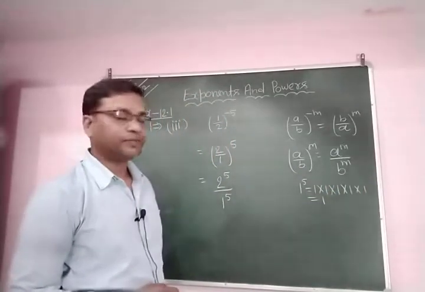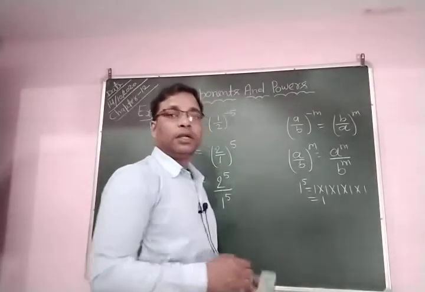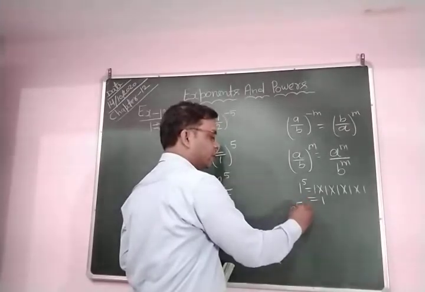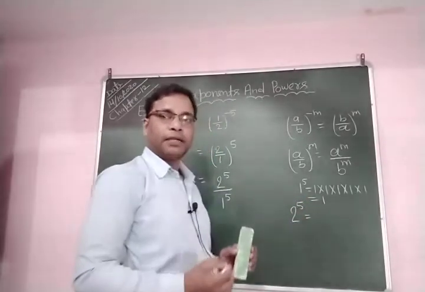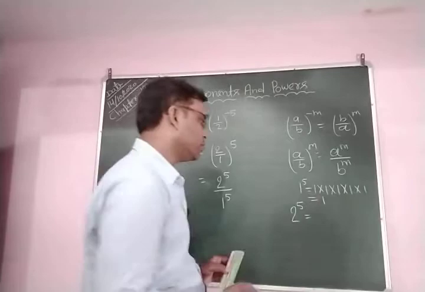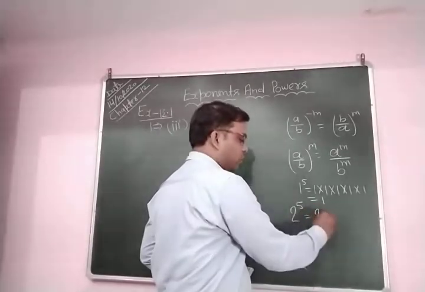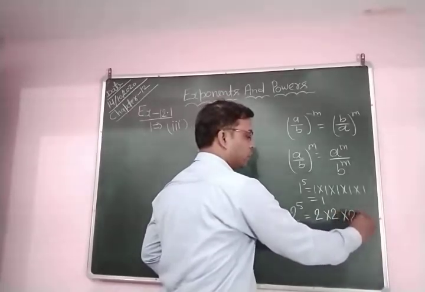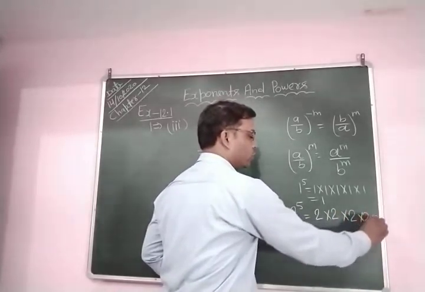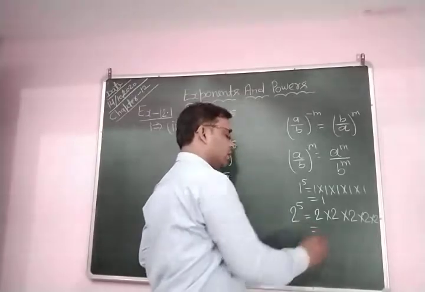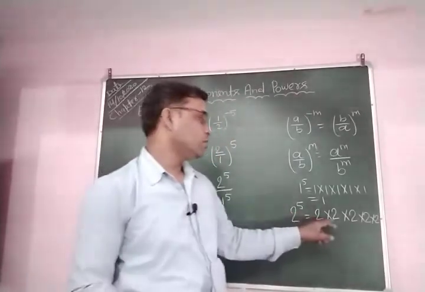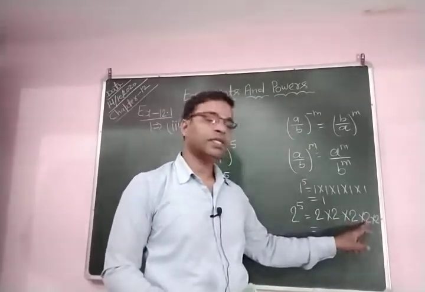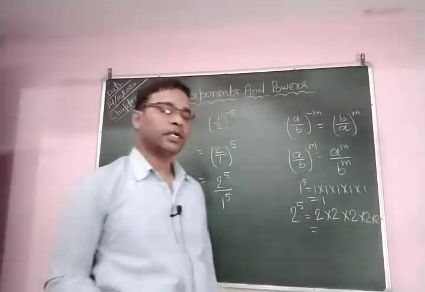Clear? Now if we are talking about 2 power 5, 2 power 5 means you multiply 2 five times by itself. So you can write 2 into 2 into 2 into 2 into 2, 5 times. 2 into 2 is 4, 4 into 2 is 8, 8 into 2 is 16, 16 into 2 is 32.